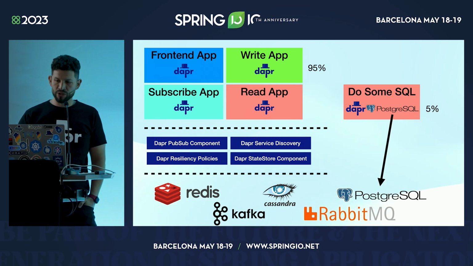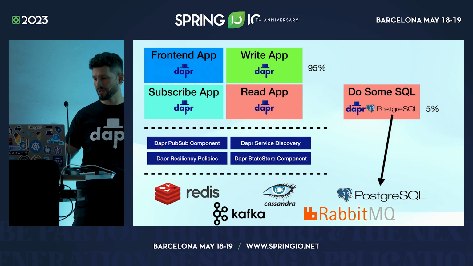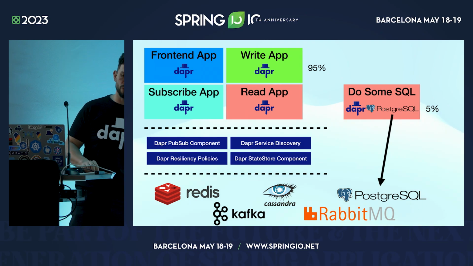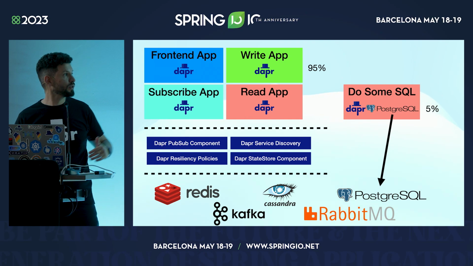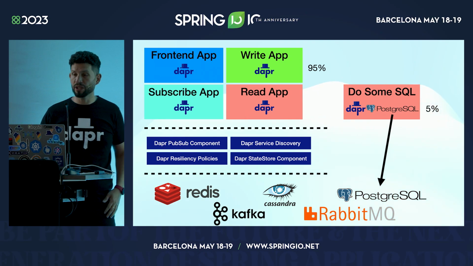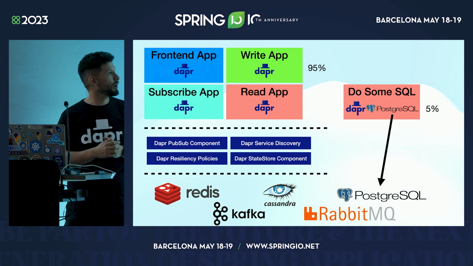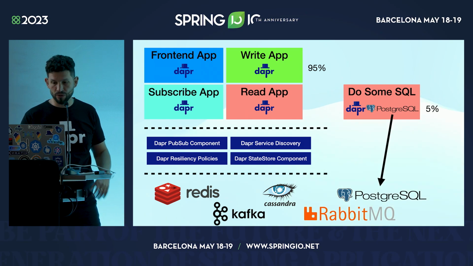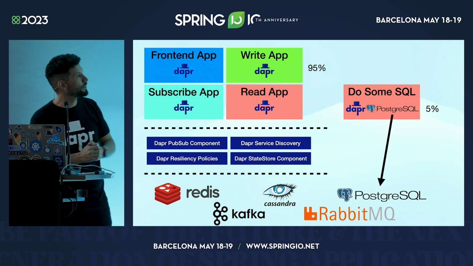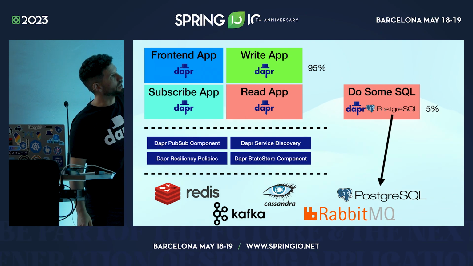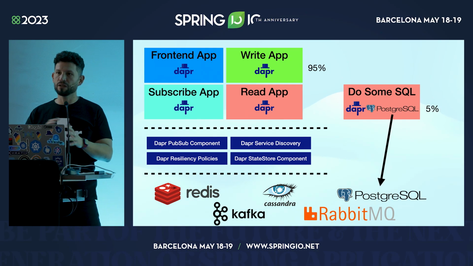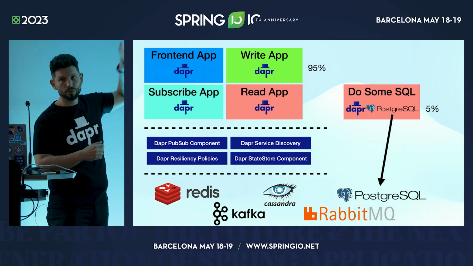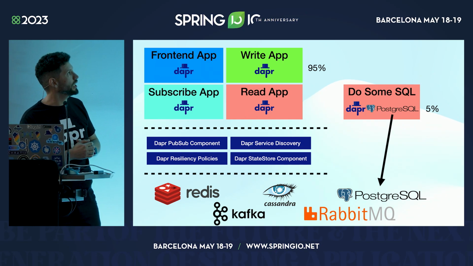So if you actually want to do some very specific PostgreSQL things, like very high-performant PostgreSQL queries, and you want to actually use the Postgres advanced features, you can create your Spring Boot application, use the PostgreSQL driver, do all those specific things in a separated service, enable that service with Dapr so all the other services can interact with it in a simpler way, and isolate the rest of the applications, all the other 95% of your applications that are doing normal operations against databases or message brokers or secret stores, and enable those applications to be more decoupled from all the infrastructure that they need.